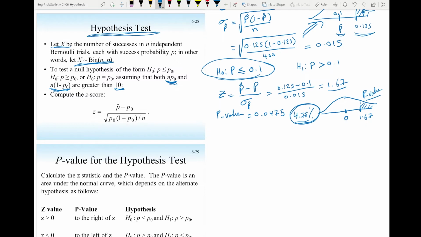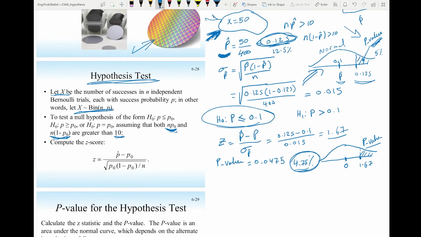And we calculate the proportion by the number of successes or failures divided by n, and the standard deviation. Then we use the z-score to convert this normal distribution to a standard normal distribution. Then we use the table to calculate the p-value. And if the p-value is very small, 5% or less, we reject the null hypothesis.